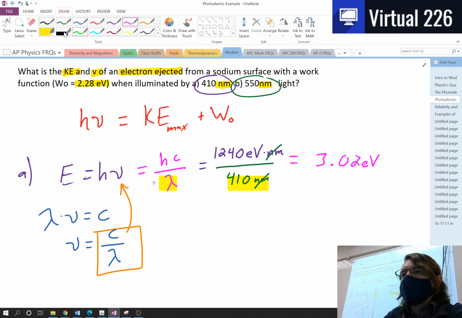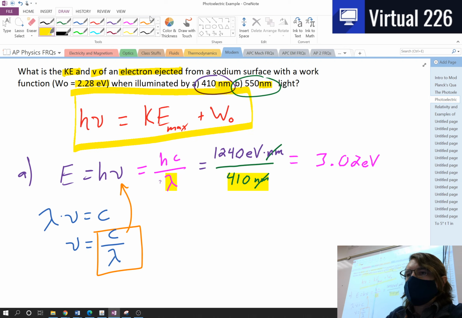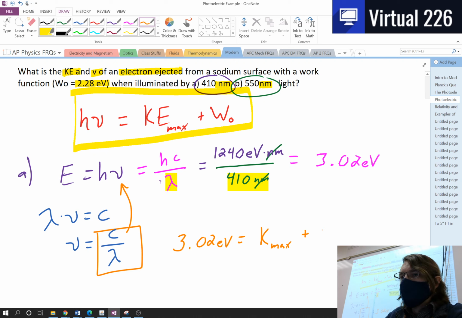Now, using our equation, we can simply say 3.02 eV equals the max kinetic energy plus that work function, 2.28 eV.